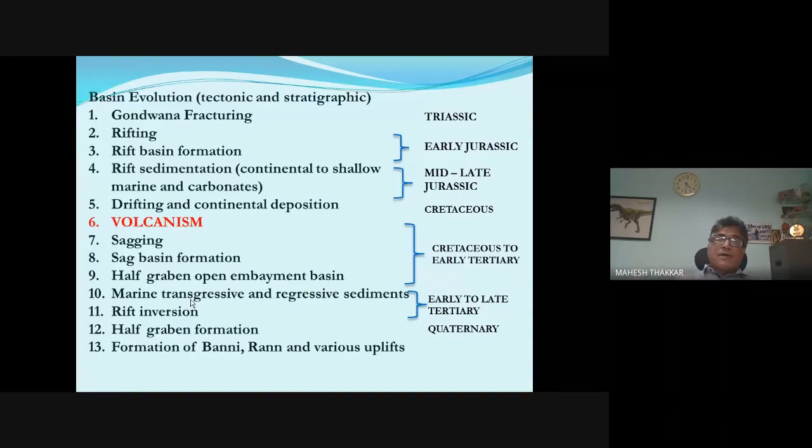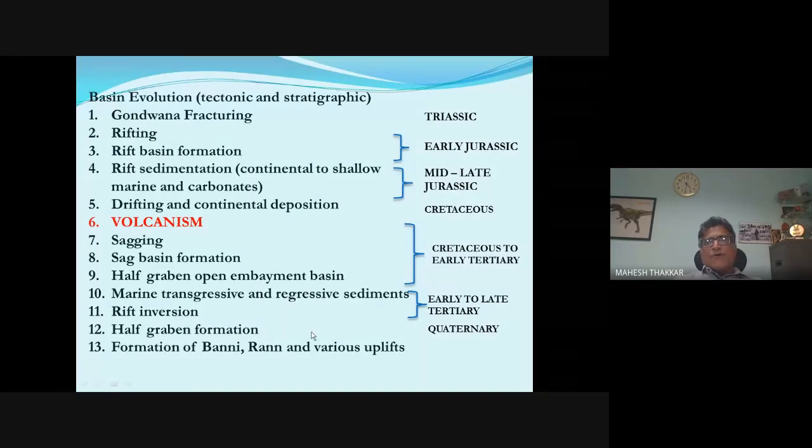And then, not at the end of these sedimentations, but this rift inversion started with the advent of the Tertiary period itself. So we have the rift inversion, in which the Mesozoic as well as the early Cenozoic, that means Paleocene, sediments were inverted.